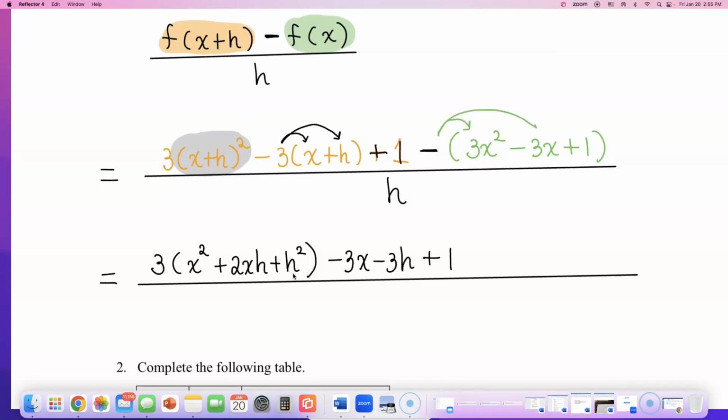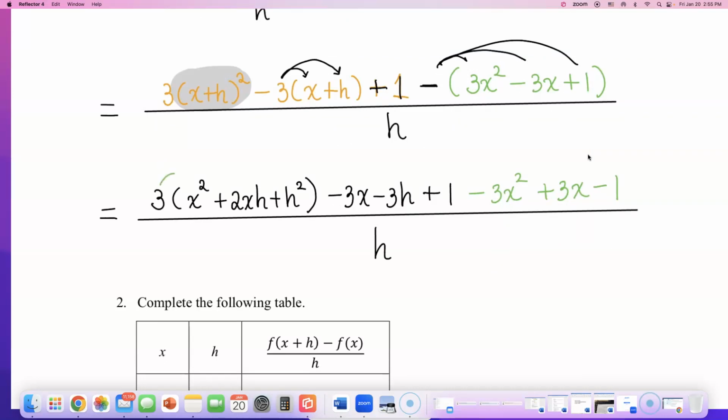So everything in this green parenthesis is going to change the sign to the opposite. 3x squared will be minus 3x squared. Minus 3x will turn into plus 3x. And this last plus 1 will turn into minus 1. All over h.